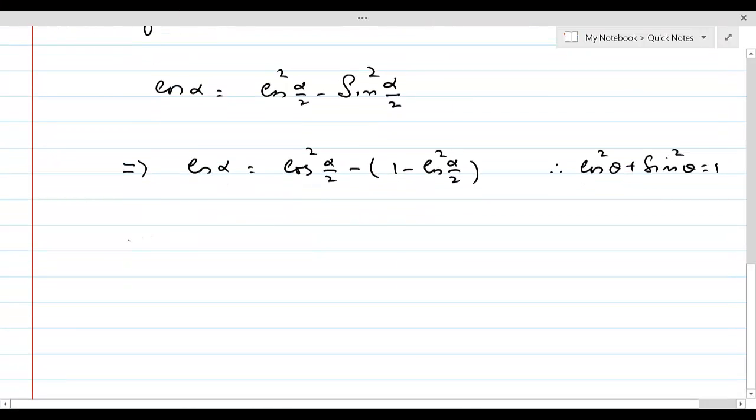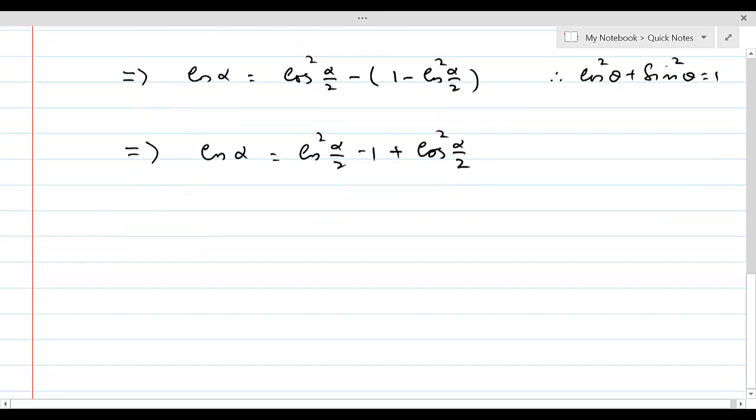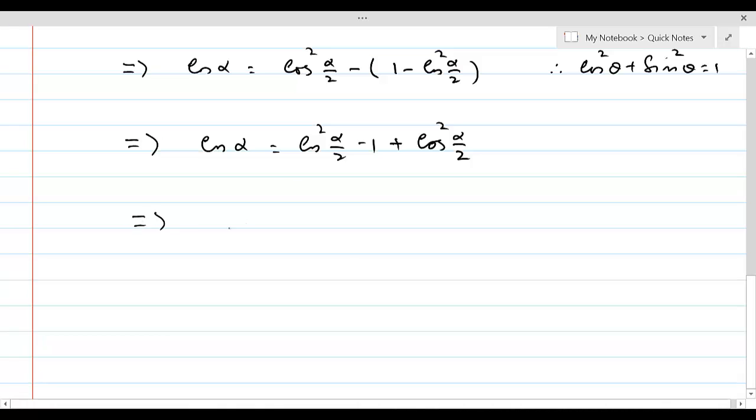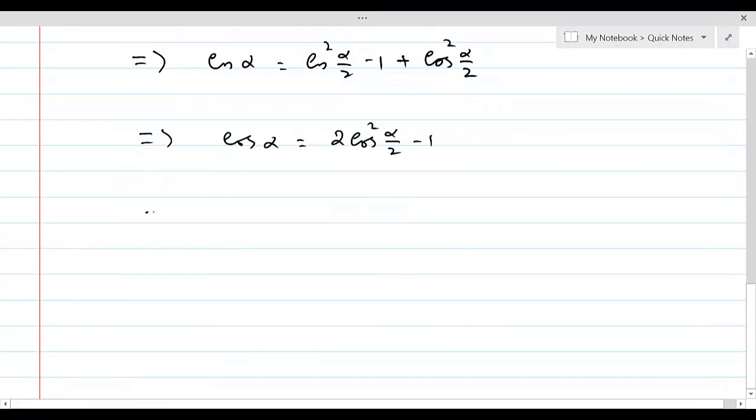If we use this, we can write cos α equal to cos²(α/2) minus 1 plus cos²(α/2), which gives us cos α equal to 2 cos²(α/2) minus 1, which means 2 cos²(α/2) is equal to 1 plus cos α.